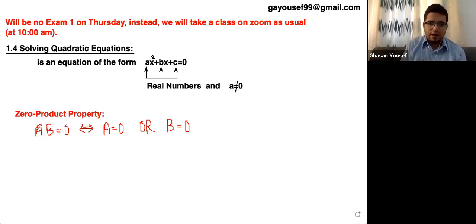Again, if I have two terms, A times B equals 0, this implies A equals 0 or B equals 0.